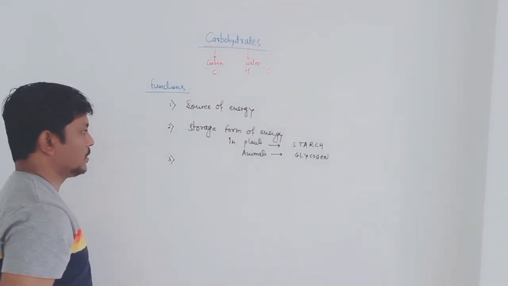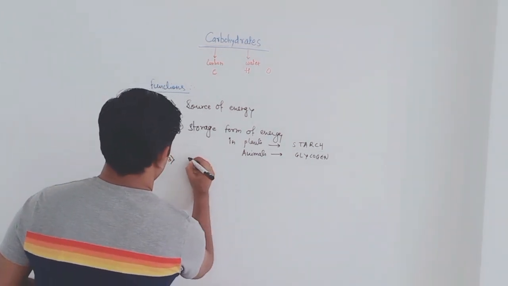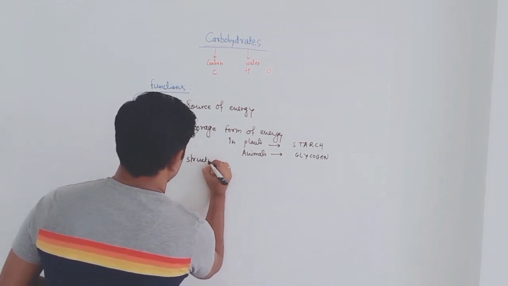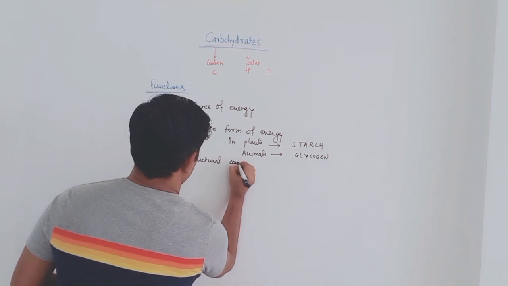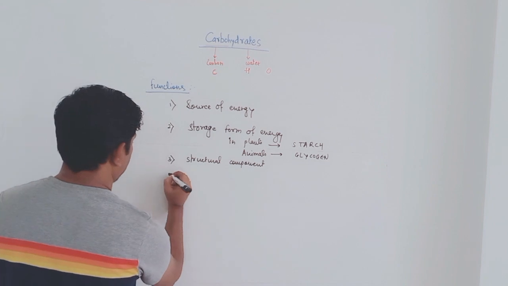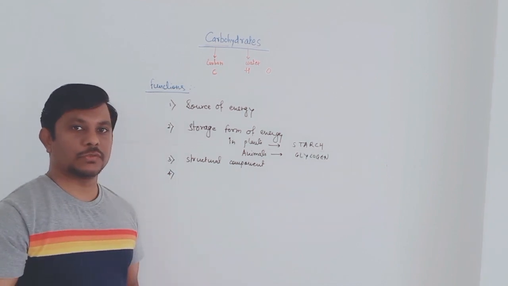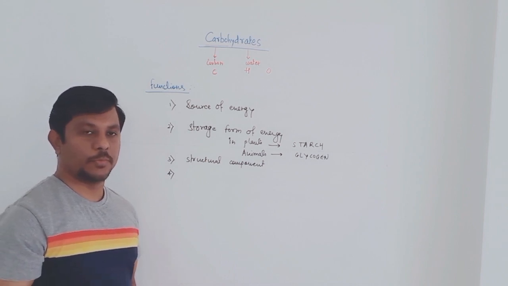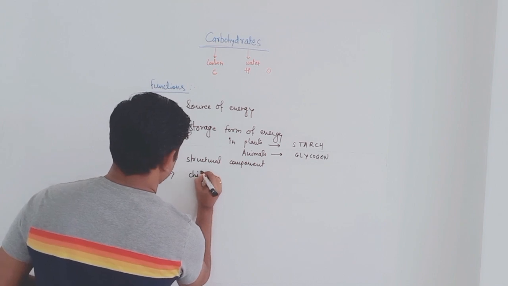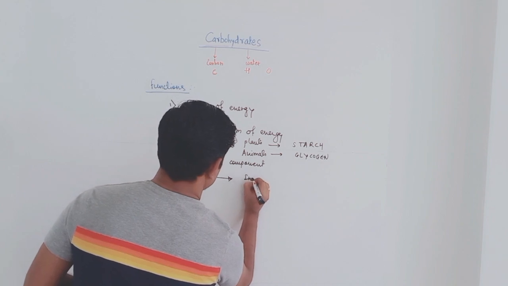Another use is that it is a structural component of the cell, or you can say the cell membrane. It also acts as an exoskeleton in some animals and some plants. The molecule chitin acts as an exoskeleton in insects.